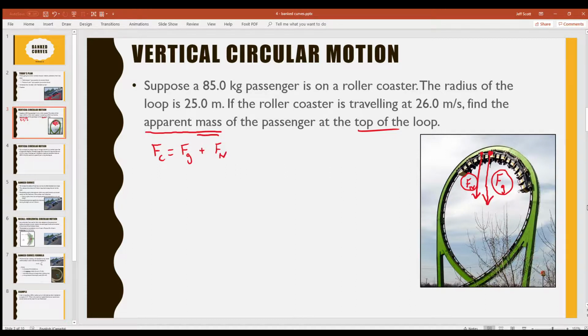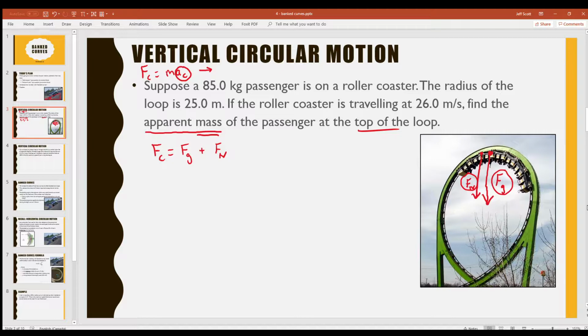Now, the normal force doesn't have a formula directly attached to it, at least not in circular motion. However, our force centripetal and our force of gravity do have their own equations. Now, the centripetal force, let me remind you up here, the centripetal force is mass times the centripetal acceleration. Now, the centripetal acceleration is a bit of a wild card because there's actually two different formulas that exist for it.